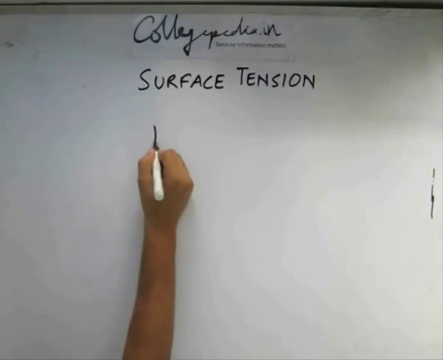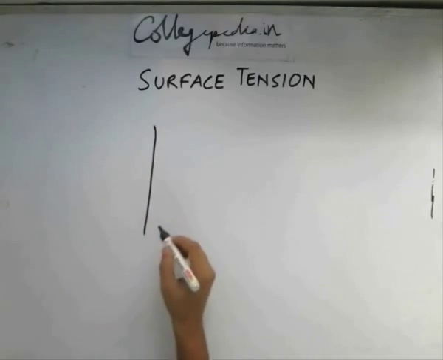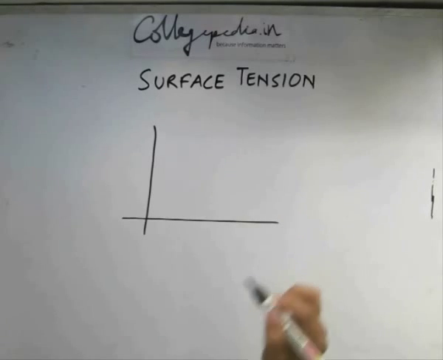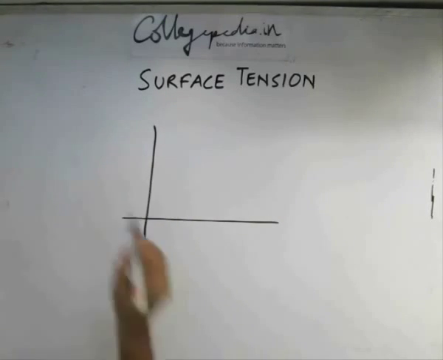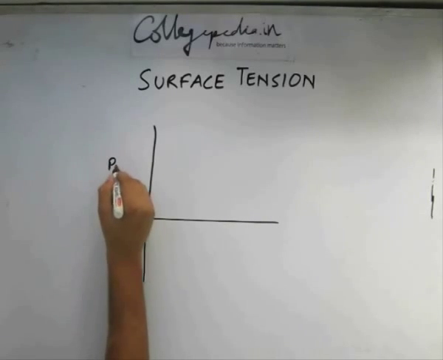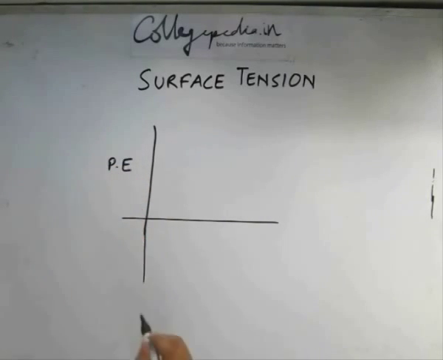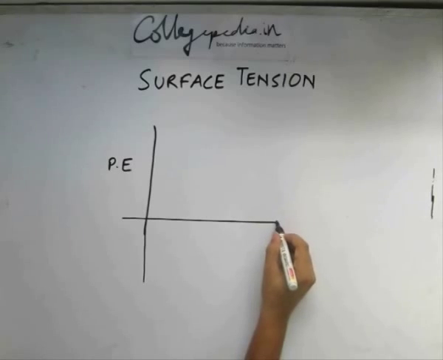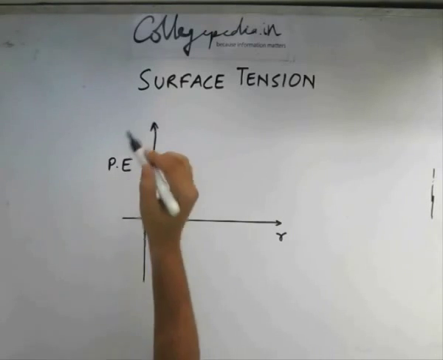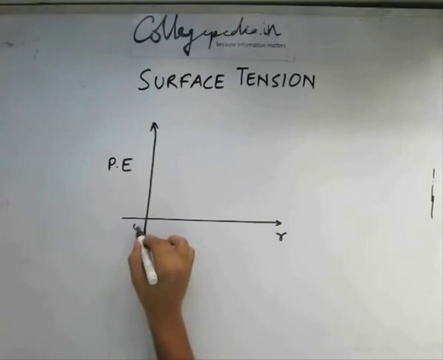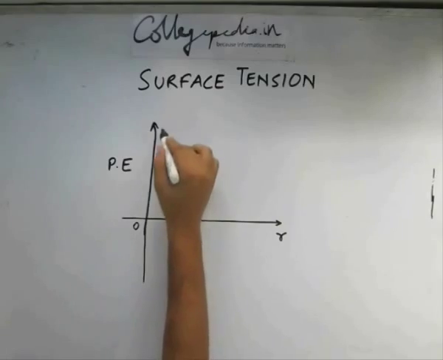Let's consider this graph. This graph is between potential energy and the distance of separation between two atoms. Experimentally, it was found that this graph looks something of this form.